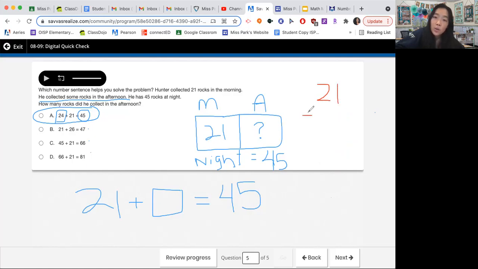So let's say 21 plus blank equals 45. Step 1 is to add the ones. So 1 plus blank would give you 5. What number plus 1 would give you 5?